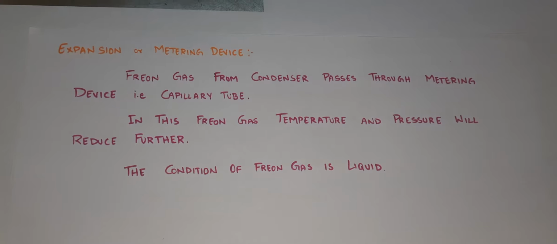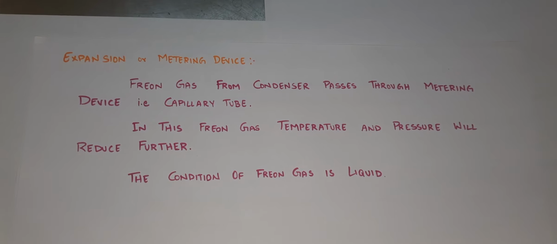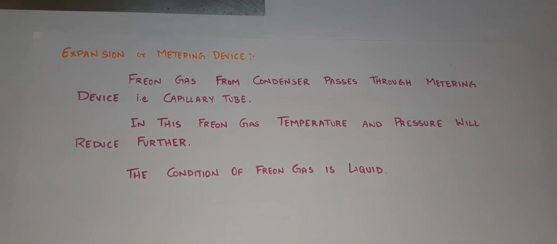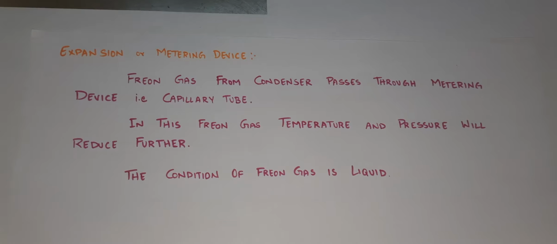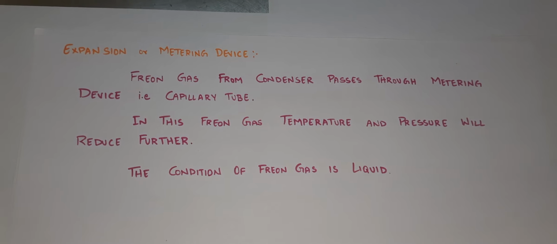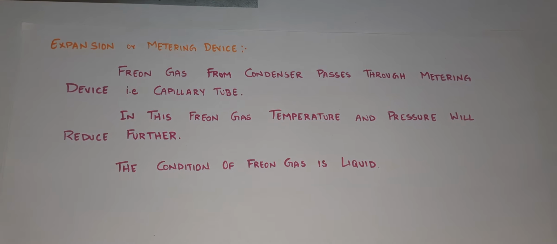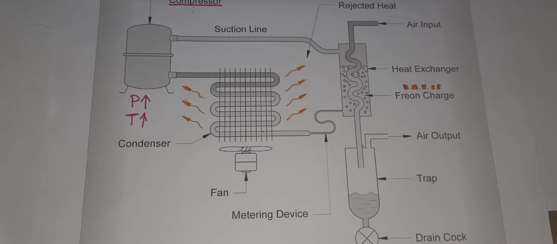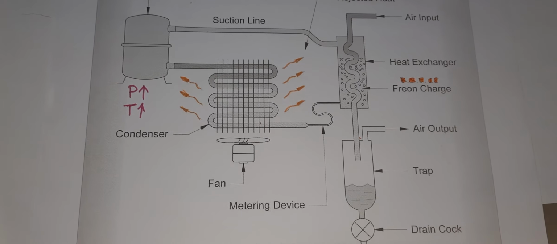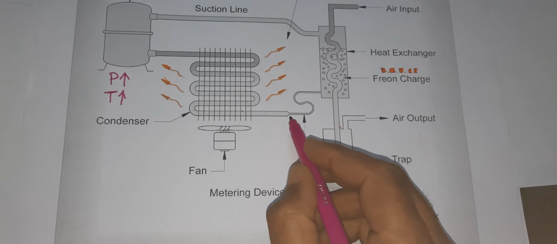The next stage is the expansion or metering device. Freon gas from the condenser passes through the metering device, that is the capillary tube. In this, the freon gas temperature and pressure will reduce further. The condition of the freon gas is liquid. Coming to the schematic, you can clearly visualize the capillary tube.